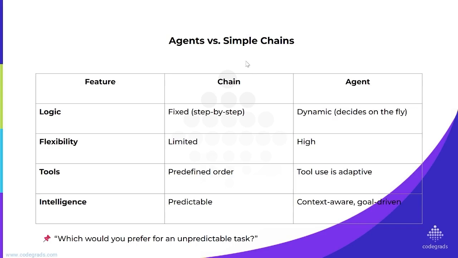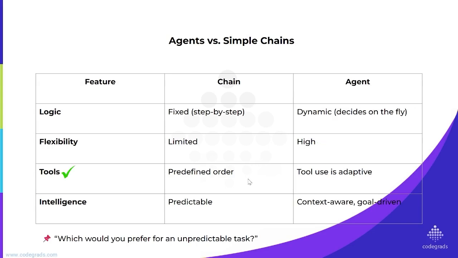Now, agents versus simple chains. In terms of logic, if you are using a simple chain, the logic is step by step and fixed, while in comparison the agent is dynamic and decides on the fly. In case of a simple chain, flexibility is limited, and in an agent, we have high flexibility. So complex tasks can also be achieved using the agent.